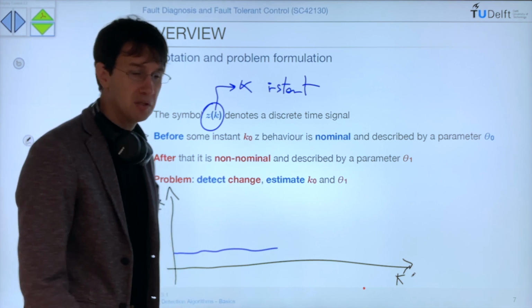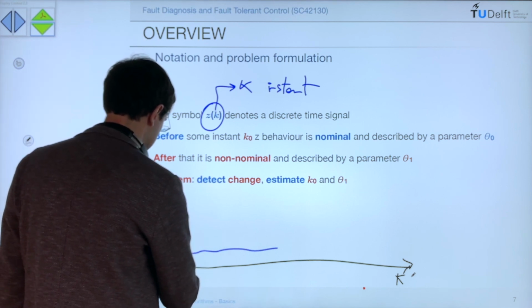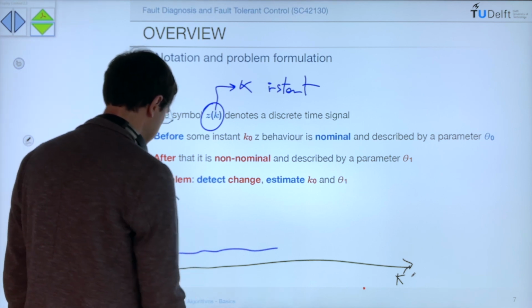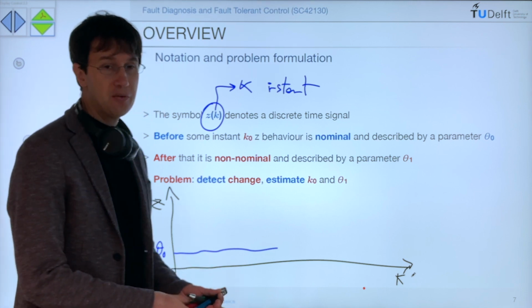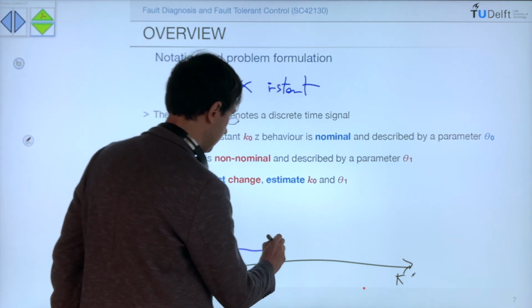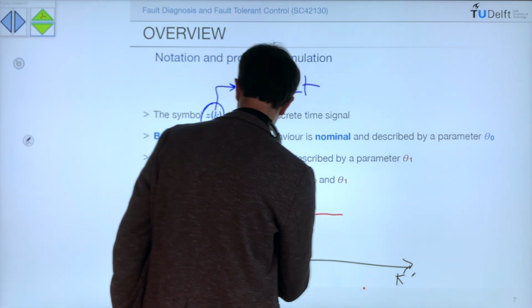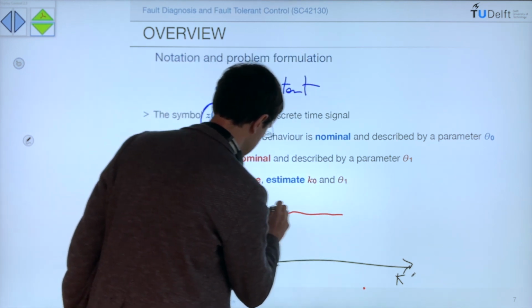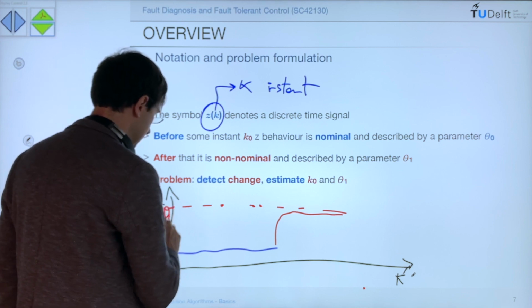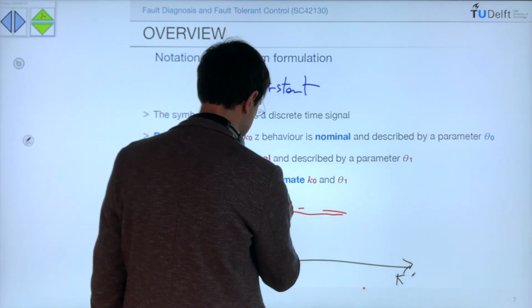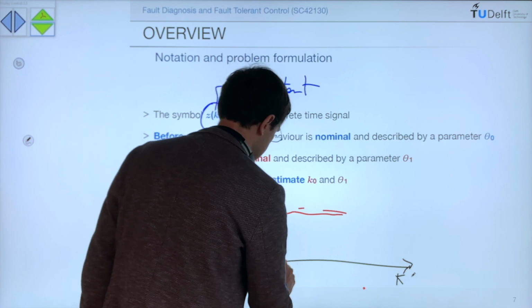So we look at the amplitude of z, and before the onset we have a θ0 value, and after that we start to have the non-nominal behavior, described by a value θ1, and the moment that this happens is k0.